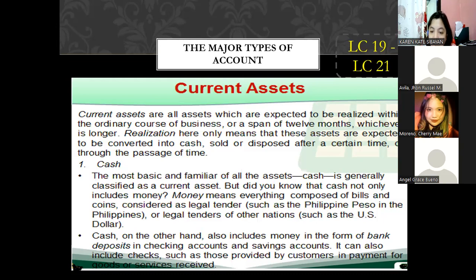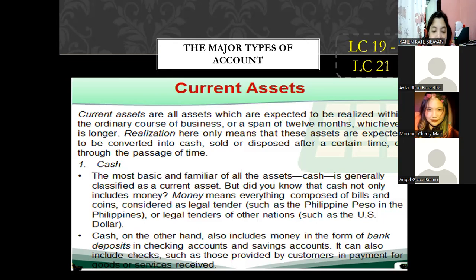But of course, did you know that cash not only includes money? So money means everything composed of bills and coins considered as legal tenders, such as the Philippine peso in the Philippines, of course, legal tenders of other nations such as the US dollar.